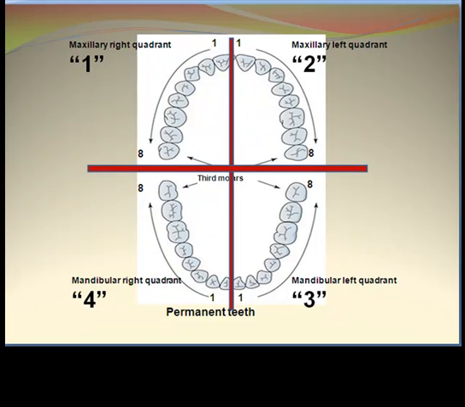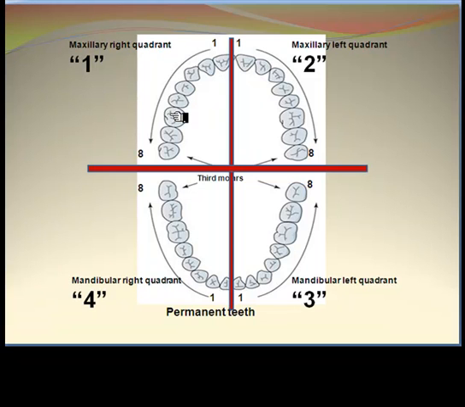Remember, the quadrant is called out first, followed by the tooth number. Let's say we are trying to call out the upper right molar. Again, we have to identify the quadrant first. For the upper right molar, call out number 1 for the quadrant, and for the first molar, that's tooth number 6. So the upper right molar will be quadrant 1, 6.